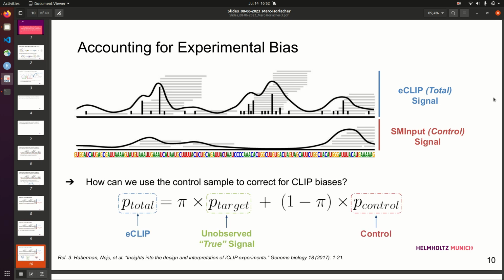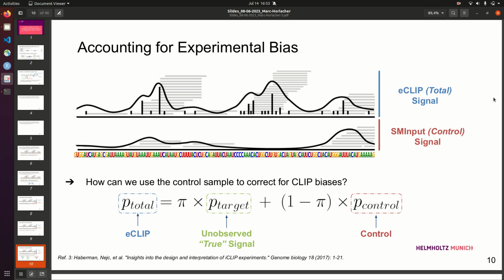First, just like we modeled the CLIP crosslink counts, we can also model the crosslink counts of the control from sequence. And we then reformulate how we model the total, that is the eCLIP crosslink counts.